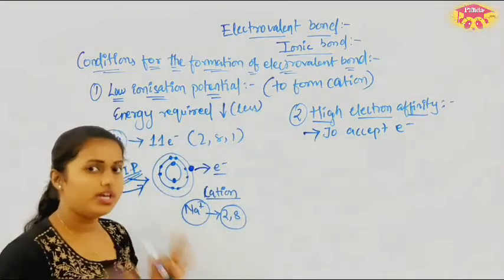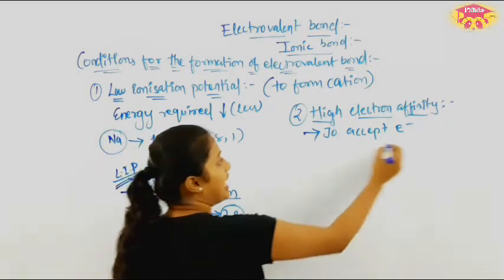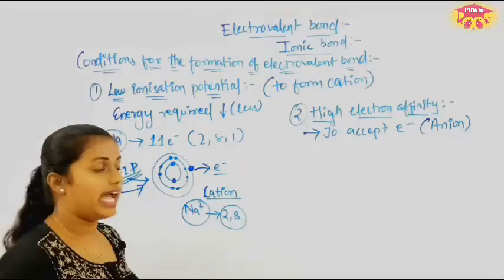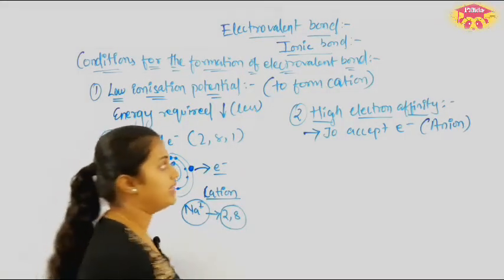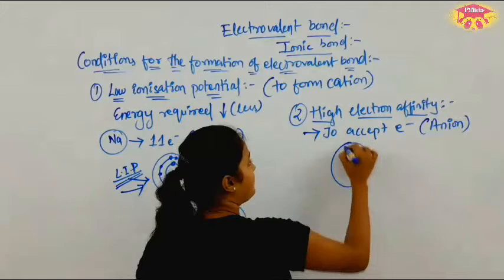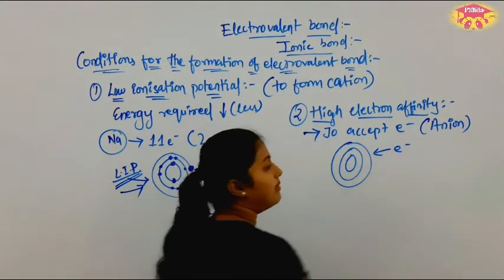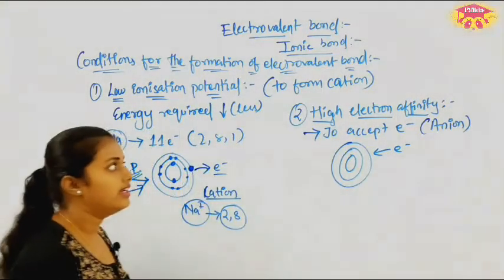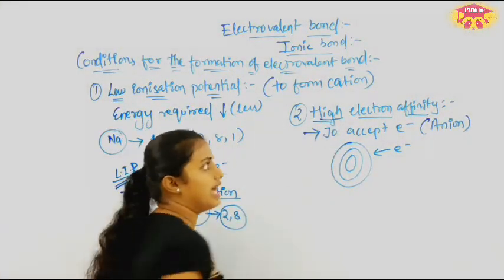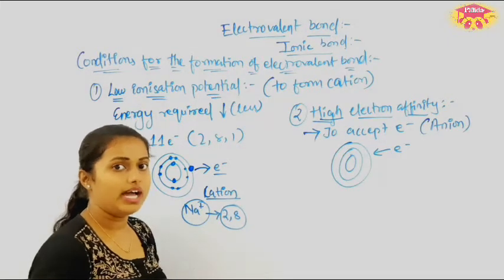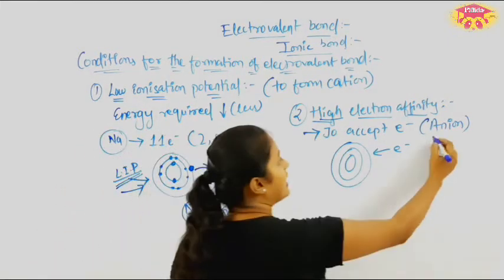So when the atom accepts electrons, it becomes an anion, students, isn't it? When any atom accepts 1 electron, it will form an anion, right? So it should possess high electron affinity. The chances to accept an electron should be high, so it can easily form an anion.